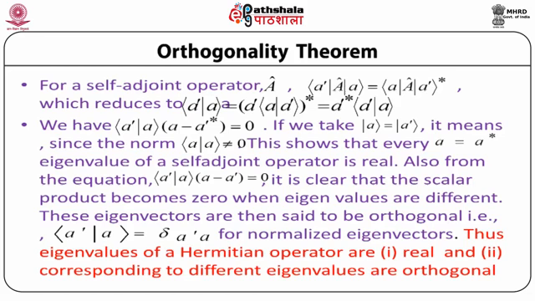Also, from the equation, the product of bra a prime and ket a into within brackets a minus a prime is equal to 0. It is clear that the scalar product becomes 0 when eigenvalues are different.